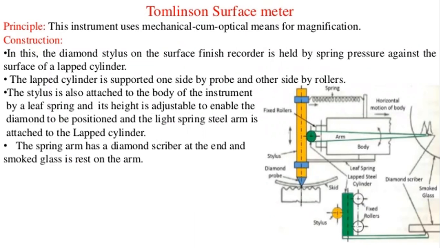And the stylus has fixed rollers and a lapped steel cylinder. This green circle is called the lapped steel cylinder, and this is the top view of the lapped steel cylinder, and this is the front view of it.